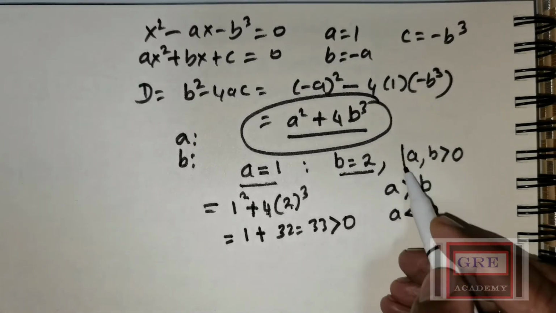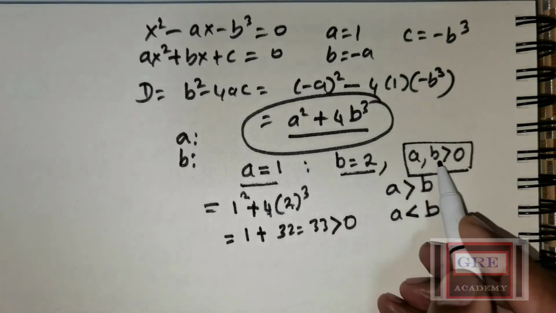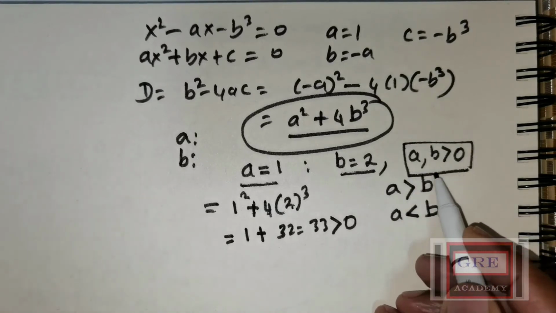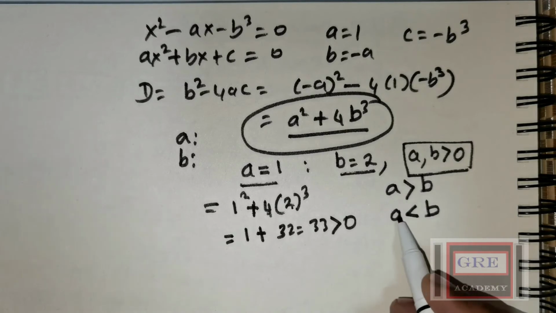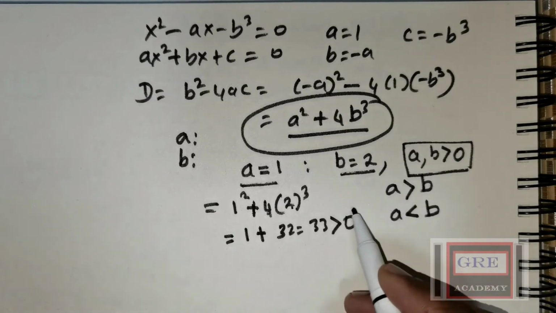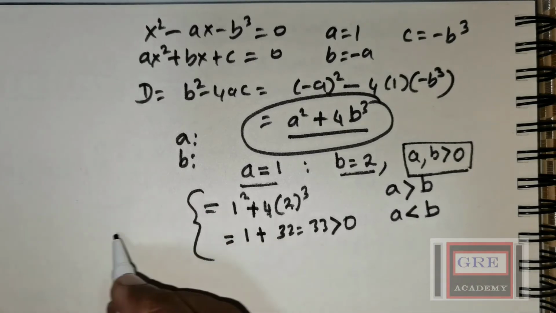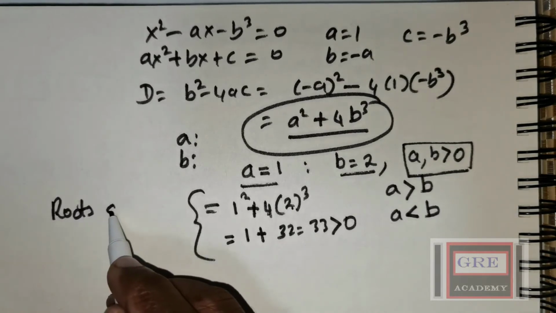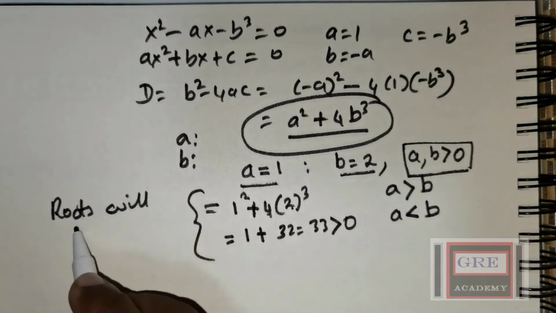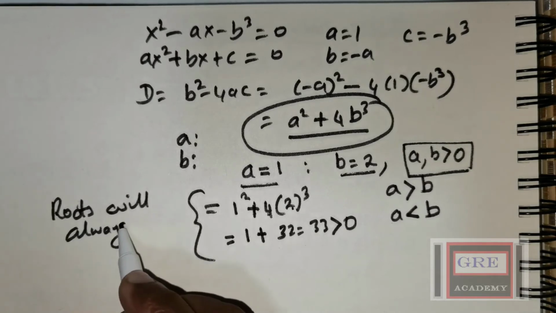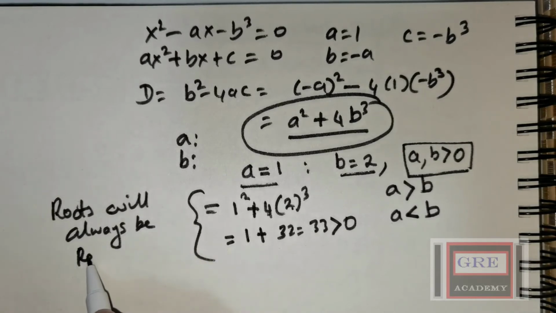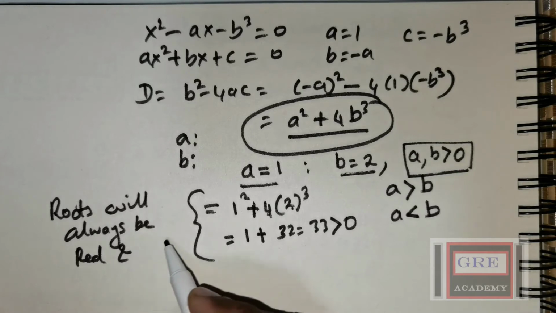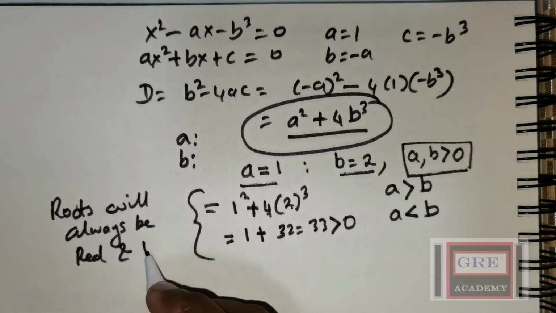So if a and b are greater than 0, or positive quantities, no matter whether a is greater than b or a is less than b, the conclusion will be the roots will always be real and unequal.